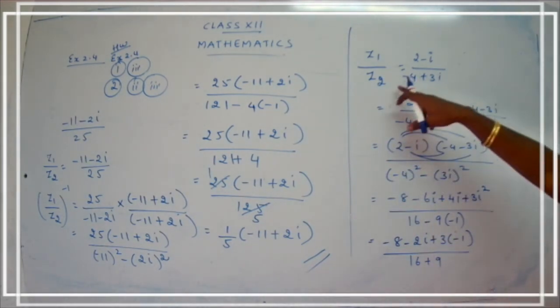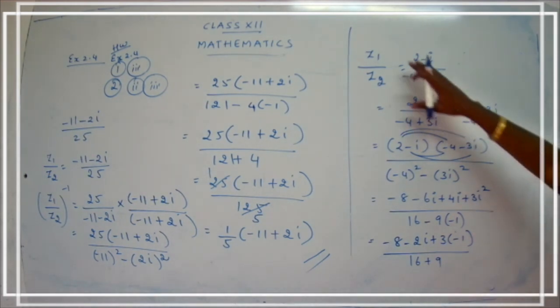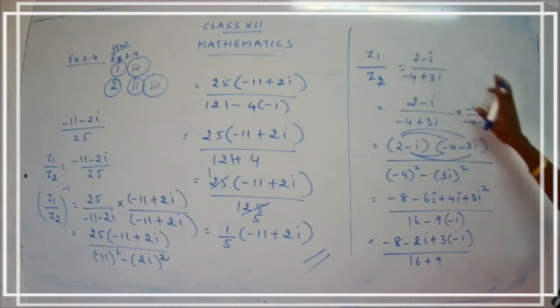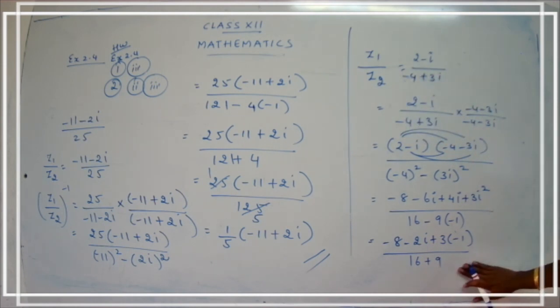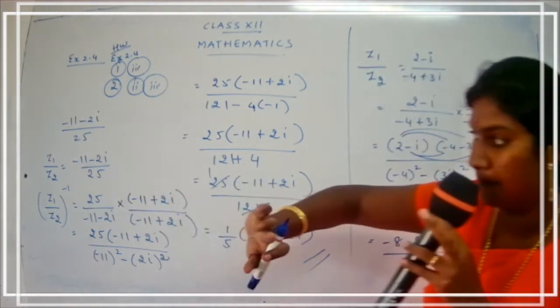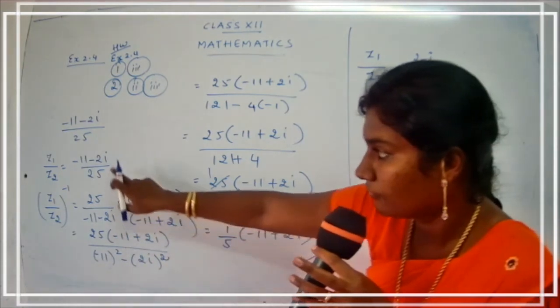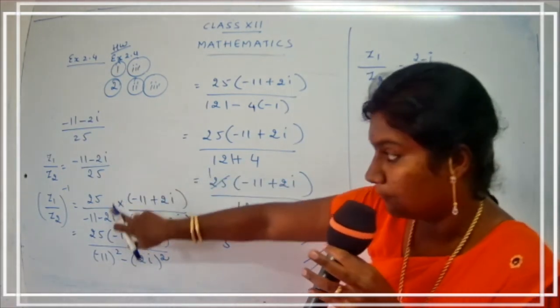Yes, children, so we have found z1 upon z2 and then we took the inverse of it. First of all you find z1 upon z2. When you find it, what do you get here? Minus 11 minus 2i upon 25. Now you have to find the inverse of it, that means take the reciprocal.